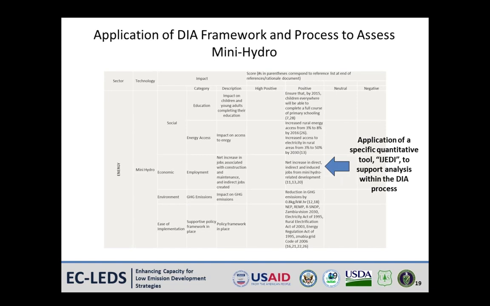So the example that we have given for this presentation is for the mini hydro. You will notice that mini hydro is a technology under the sector energy. So the 4 areas of analysis were social, economic, environment, and ease of implementation.